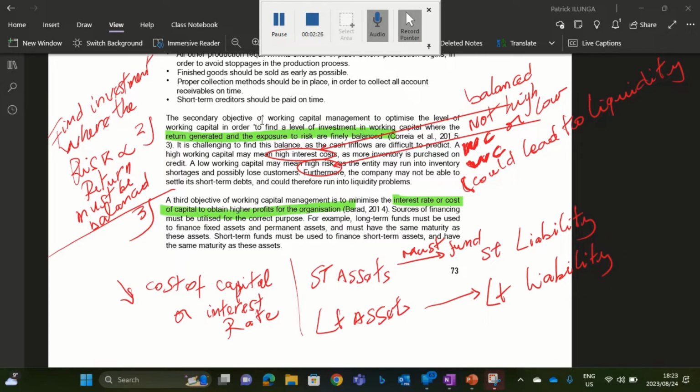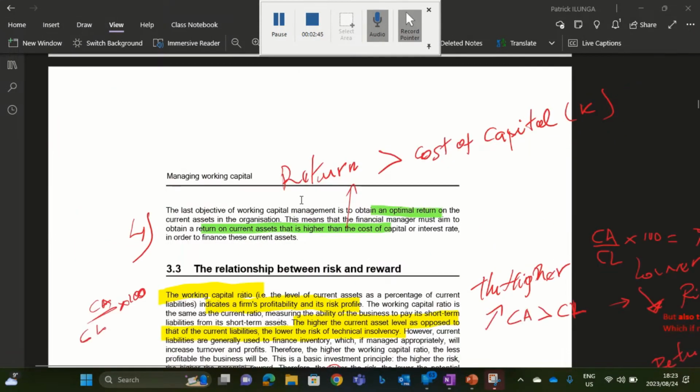So it could be vice versa, but what is to be understood is that short-term debt should be helping us to finance short-term assets, and the long-term debt should be there to help us to finance long-term assets. And here is the final objective.